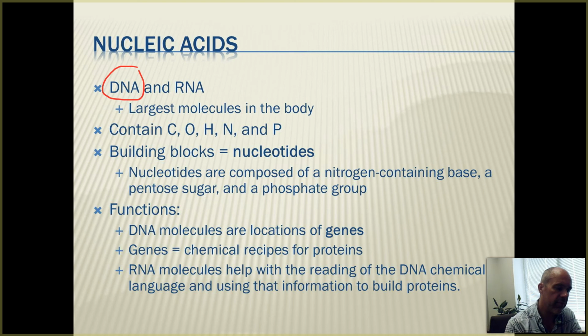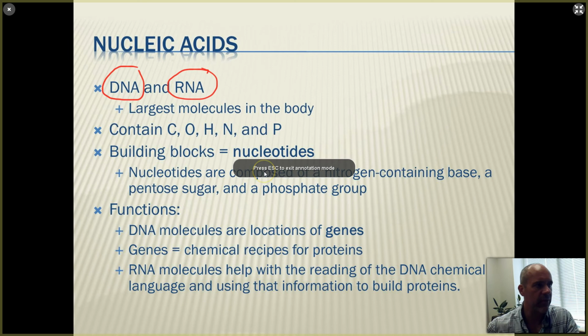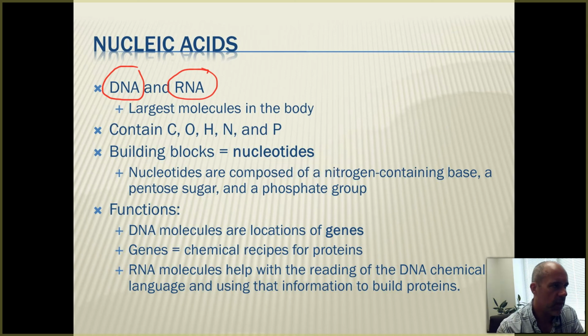So DNA is a type of nucleic acid, and then there's another type, RNA, and we'll talk a little bit about what the differences are between those two. Your nucleic acids, just like your other organic molecules, contain carbon, hydrogen, oxygen, and they also have nitrogen and phosphorus in them. Just like your other organic molecules, these are polymers, so they're built from chains.